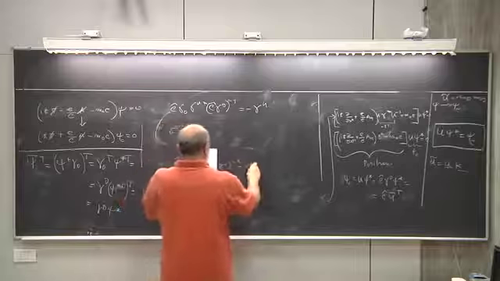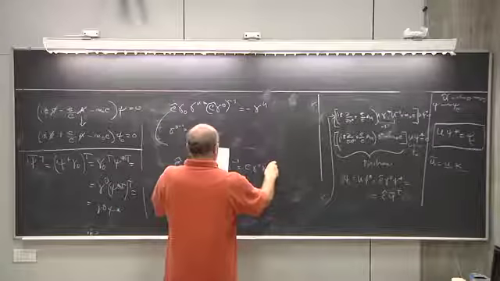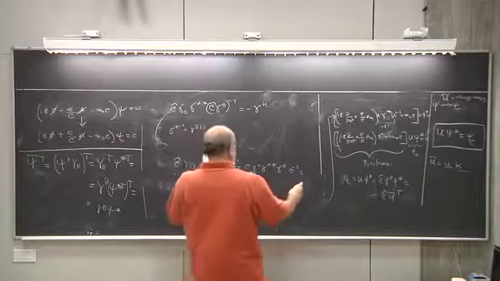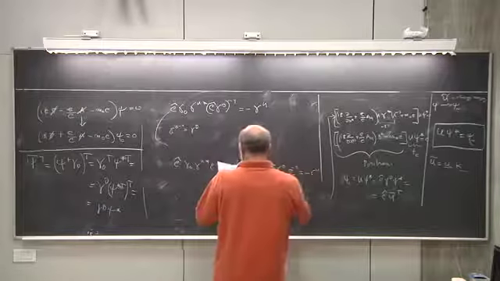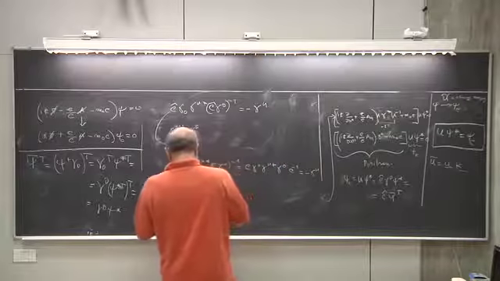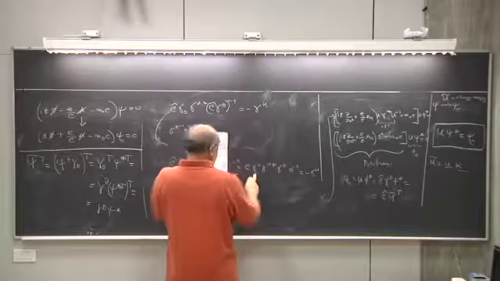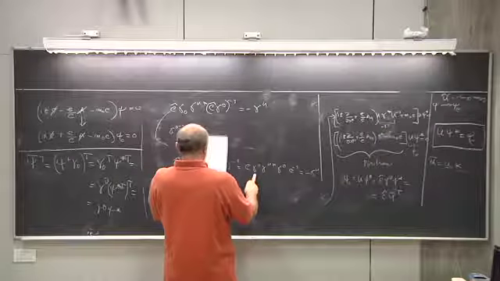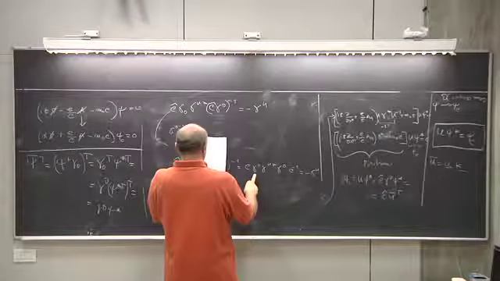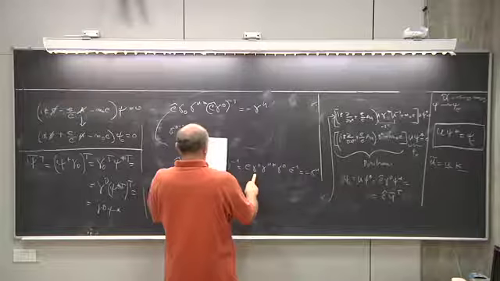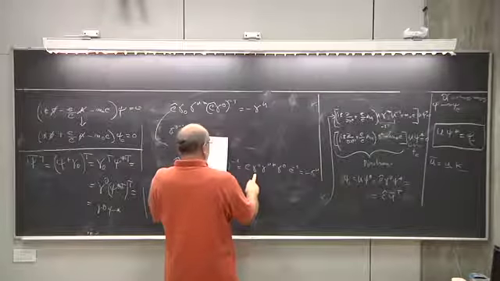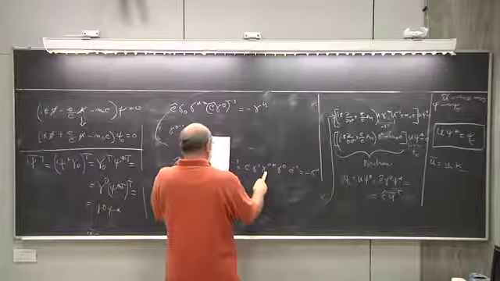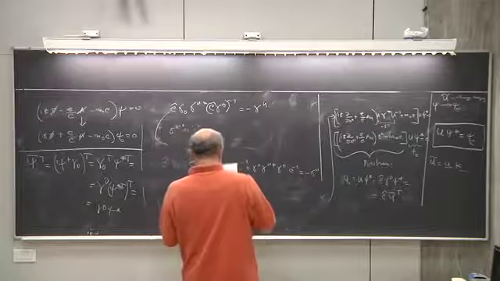This is equal to C gamma 0 gamma mu star gamma 0 C to the minus 1, and this has to be equal to minus gamma mu. Okay, let me see if I'm doing this correctly. Right. If I bring this to the other side, I get, let me see.